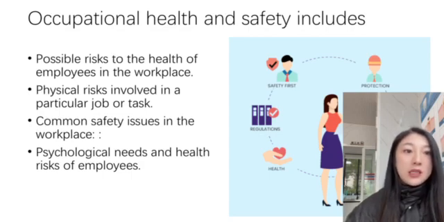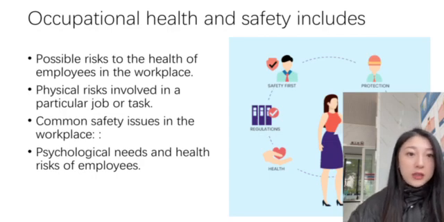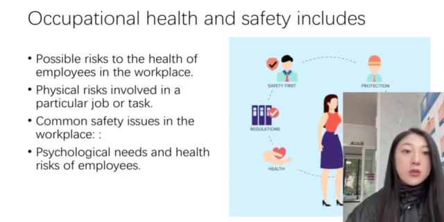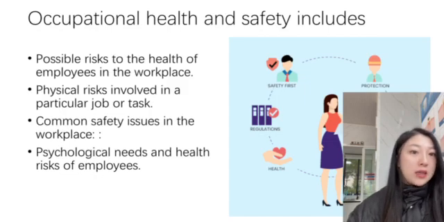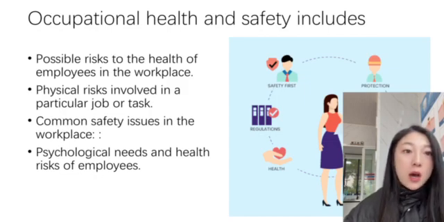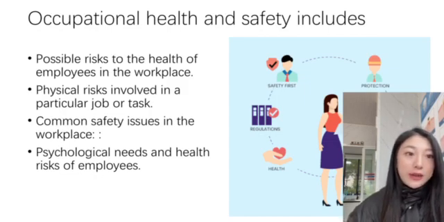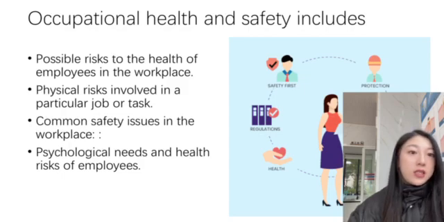Occupational health and safety covers the following areas. Number one is possible risk to the health of employees in the workplace. Number two is physical risk involved in the particular job or task. Number three is common workplace safety issues such as building safety and fire safety.